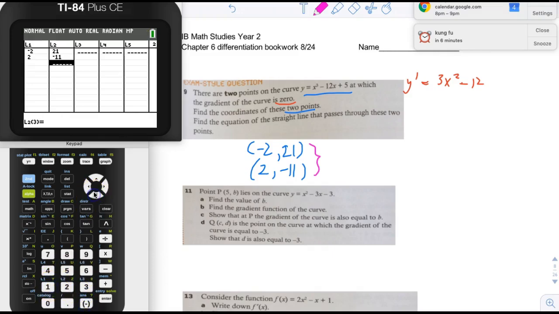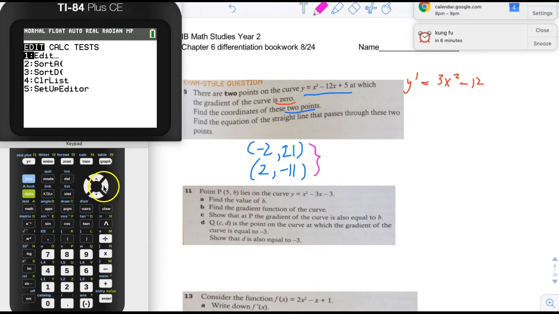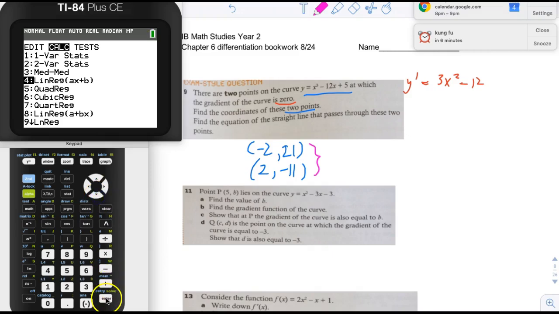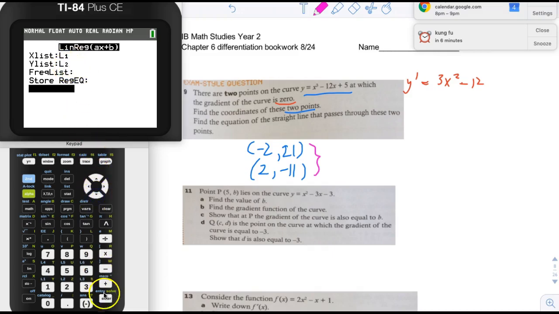Then we draw a line through those: stat calc, lin reg ax plus b, and we put L1, L2 there. We go down to calculate, and it's going to perfectly draw a line through those points.